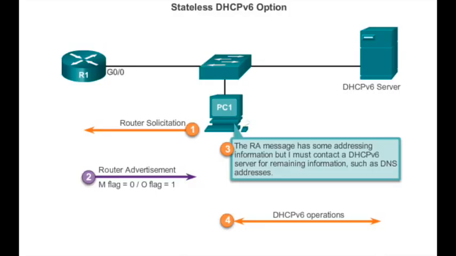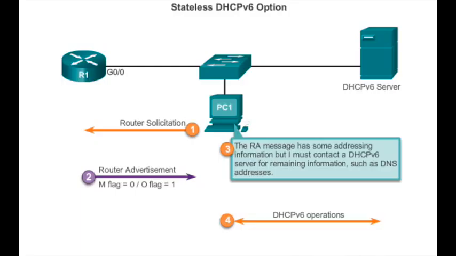So using the prefix and the prefix length in the RA message along with EUI-64 or a randomly generated ID, the client creates its own IPv6 address, but then the client communicates with a stateless DHCPv6 server to obtain additional information that is not provided in the RA message.